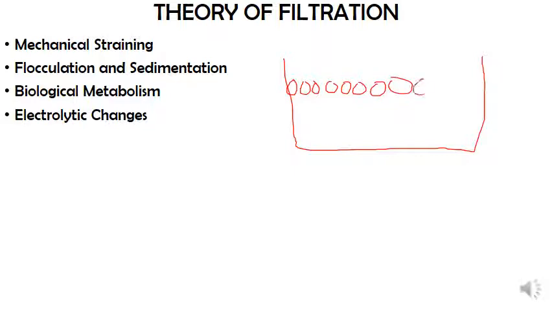Now, in mechanical straining, as the water is passed from the top, in the previous slide I told you for the pressure filter the water is fed from the bottom, but for slow sand and rapid sand filters the water is usually fed from the top. Imagine this is how the water is flowing through, and these are the sand particles.